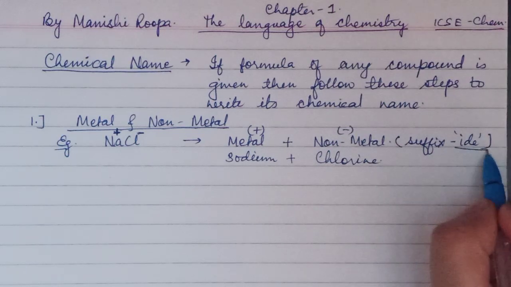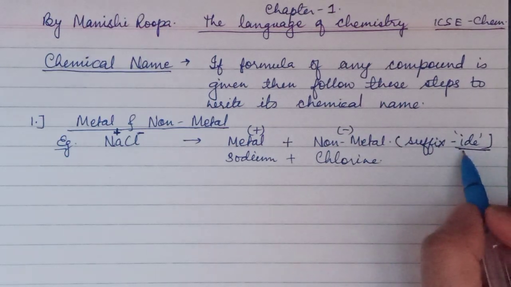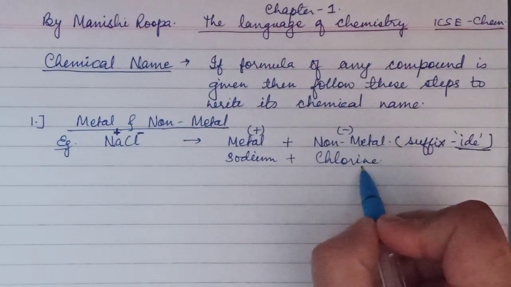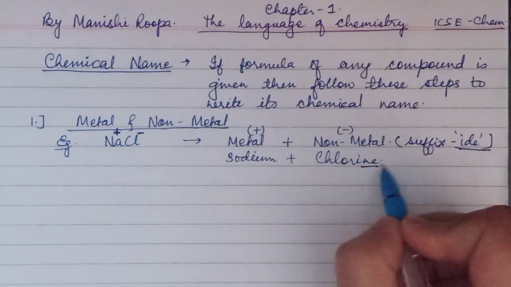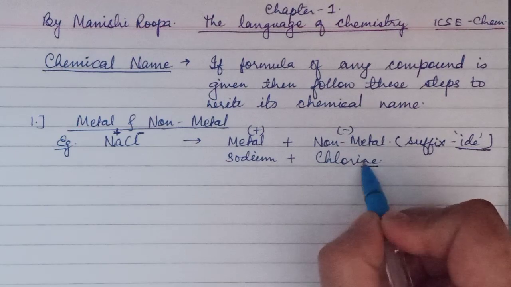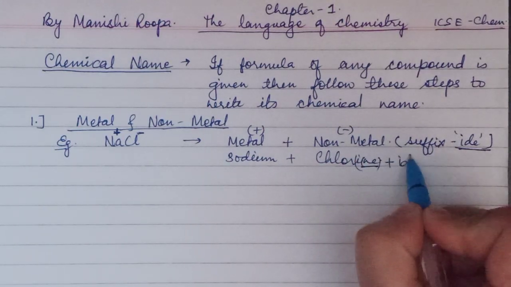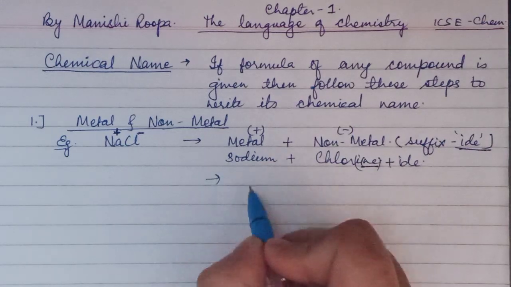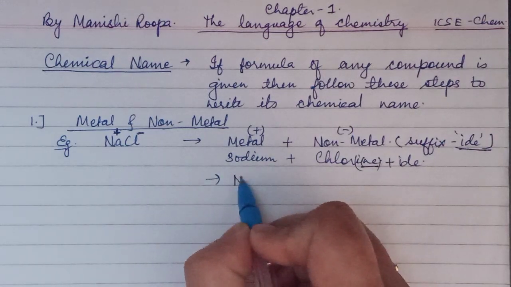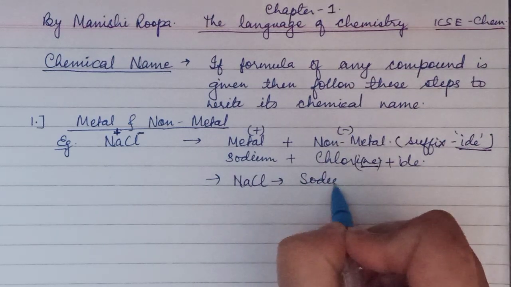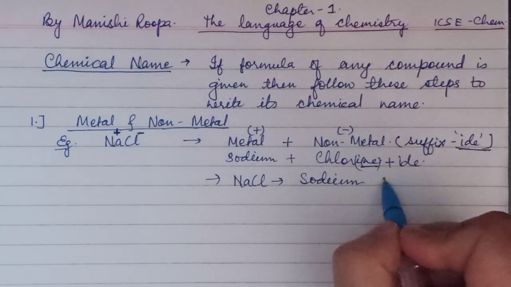And see here, one note is given: the non-metal will end with the suffix IDE. So you will replace this ending by IDE. So the name of this compound NaCl will be sodium chloride.